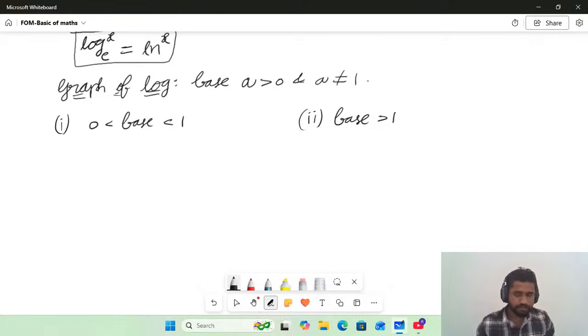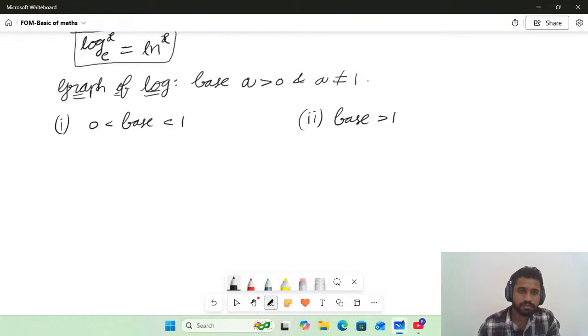Base less than 1, base lying between 0 and 1, and base greater than 1. Yes, range of log x is from minus infinity to plus infinity. Range of logarithm is from minus infinity to plus infinity.